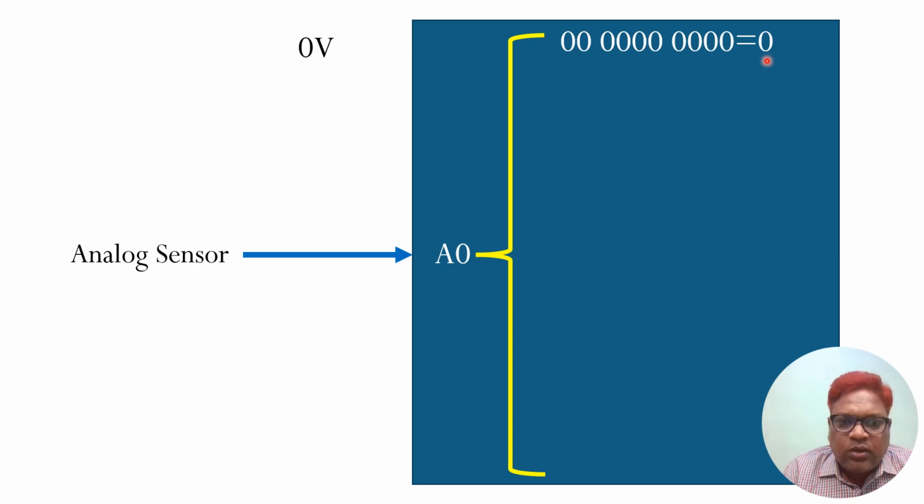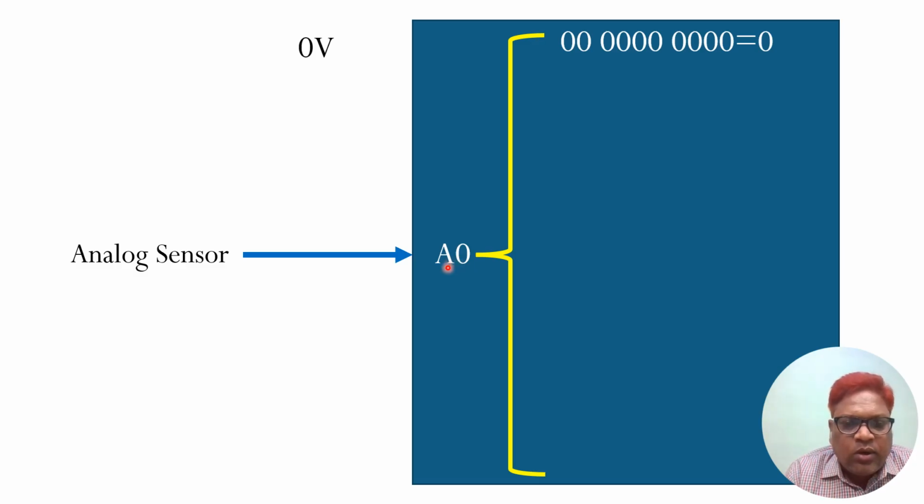We all know that resolution is equal to full scale deflection divided by 2 power n minus 1, where n is the number of digital outputs of the analog to digital converter, and here the full scale voltage is 5 volts, because the maximum voltage at the analog input is 5 volts.